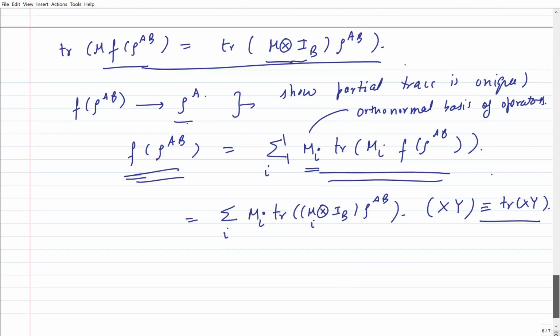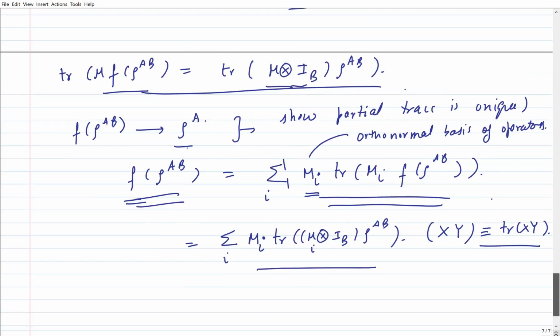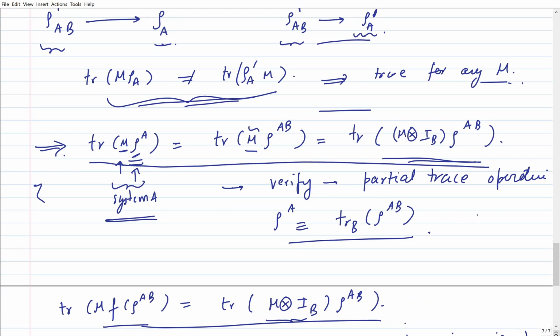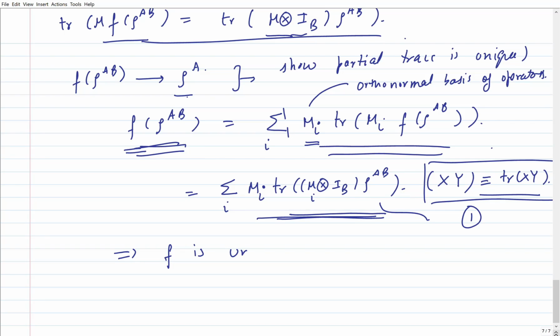It is the same way of saying that we know that the partial trace operation indeed satisfies this property. Okay, and we also know that this map is uniquely given by this decomposition. So this implies that, let me call this relation 1, F is uniquely determined by its orthonormal decomposition in terms of operators by 1.